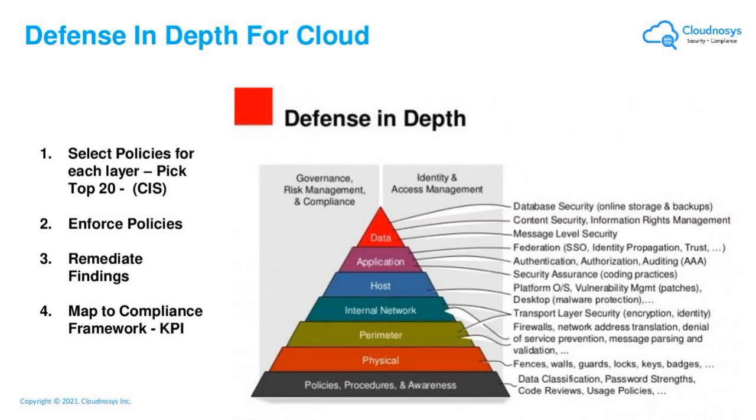So 4 things you need to do. One is to select your policy set. Okay, and ideally you want to start with CIS. And we'll talk about CIS a bit more later also. And number 2 is to not just select these policies, but to be able to enforce them effectively. And as you enforce them, you'll find that there's going to be lots of alarms and alerts and findings.